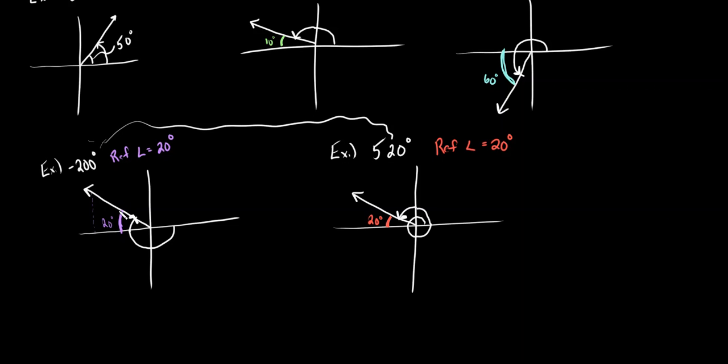If two angles are coterminal, they share not only a terminal side, but also the exact same reference angle. If you drew both in the same coordinate plane, they would end up on the exact same spot. Negative 200 degrees and 520 degrees are 720 degrees apart, which is two full rotations of 360 degrees. So they're coterminal, they share the same terminal side, and they share the same reference angle.